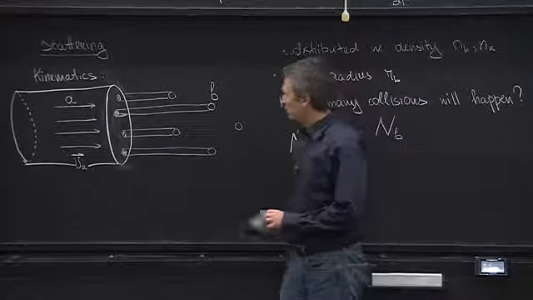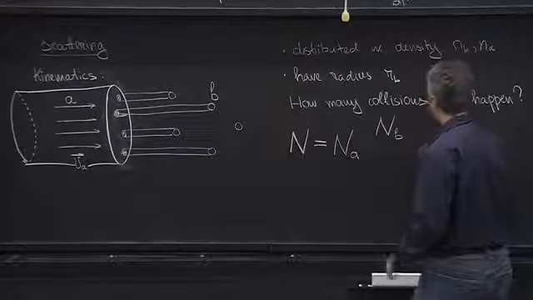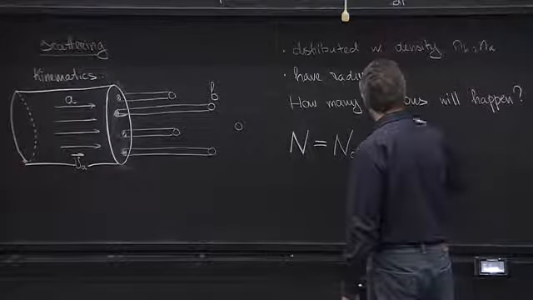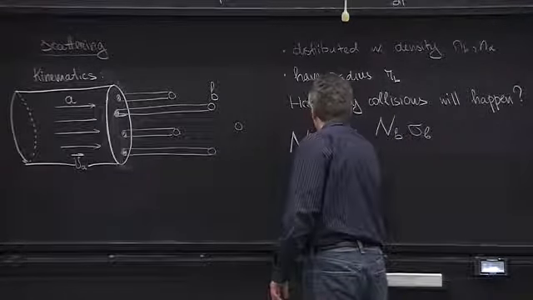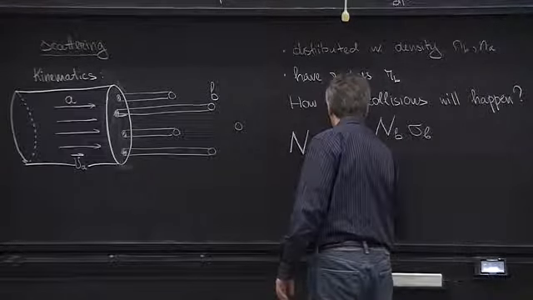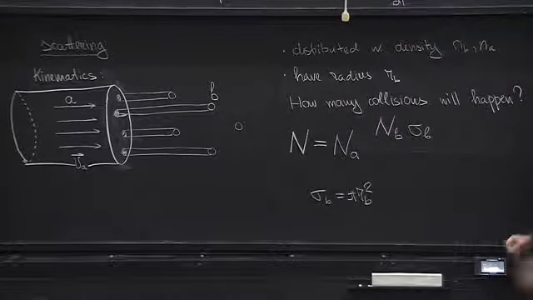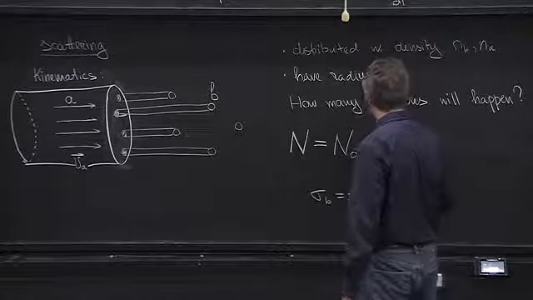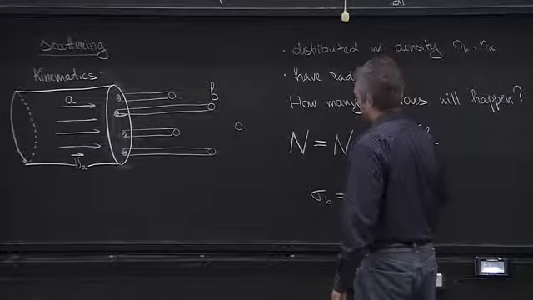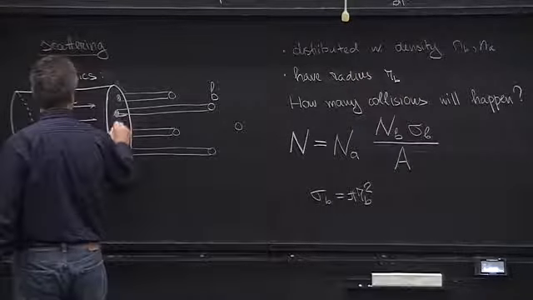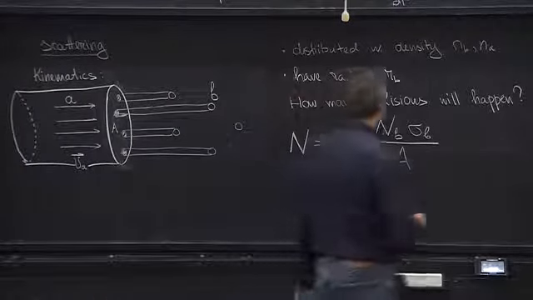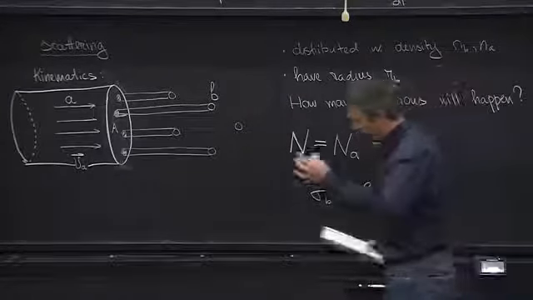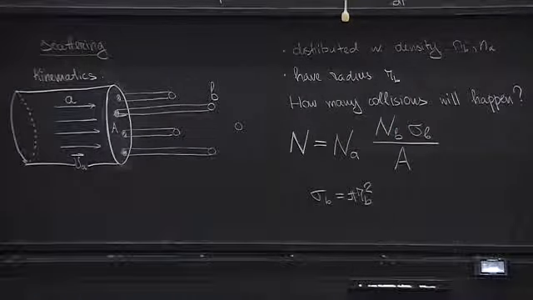And each B particle occupies an area, we'll call it sigma B, but sigma B is simply pi r B squared. So this is the size of the B particle. And then we should divide by the total area of the bunch, the cross section of this incoming part of this flux of particles.